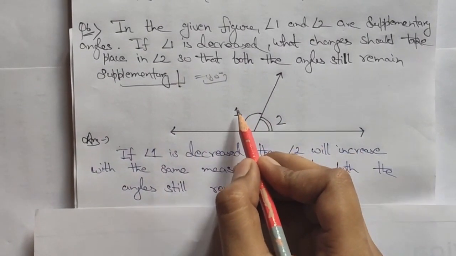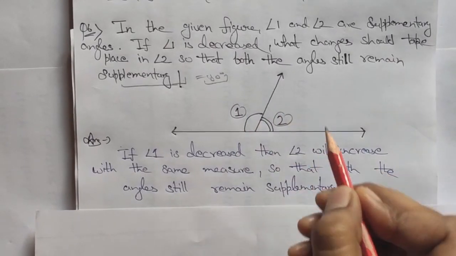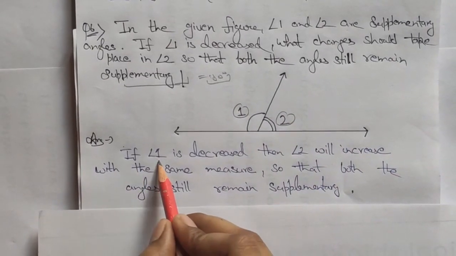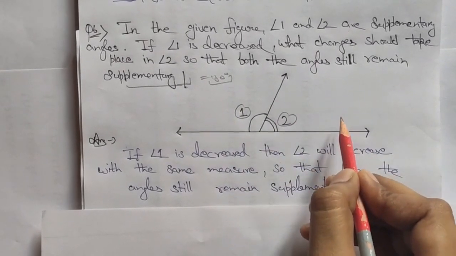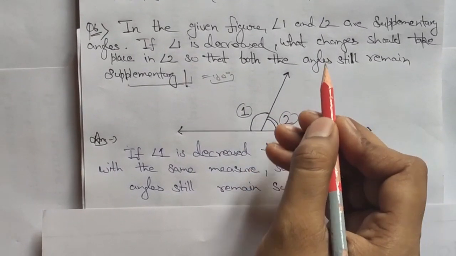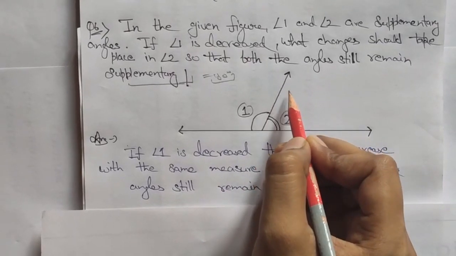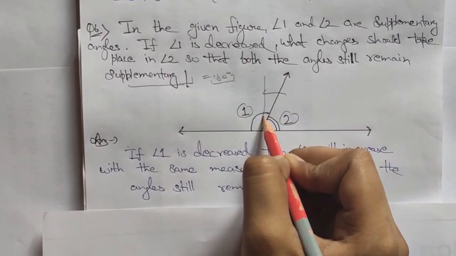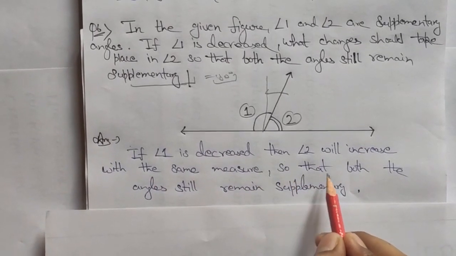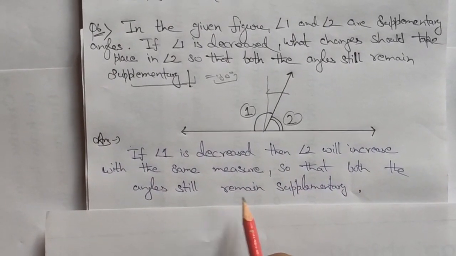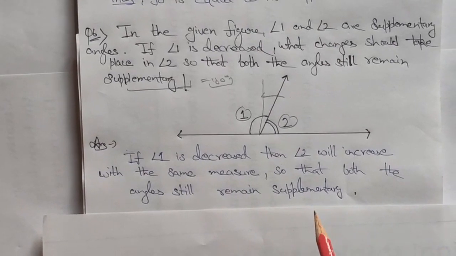So they are the two angles, like 1 and 2. So the answer is that if angle 1 is decreased, then angle 2 will increase with the same measure, so that both the angles still remain supplementary.